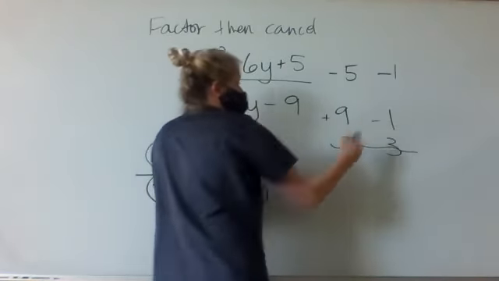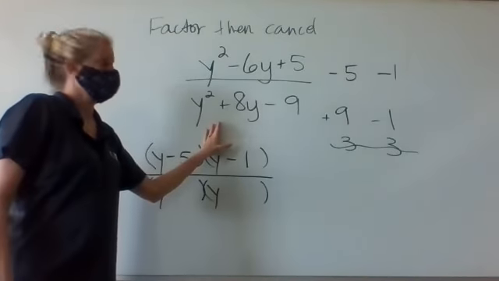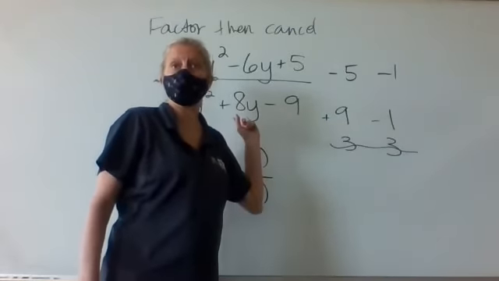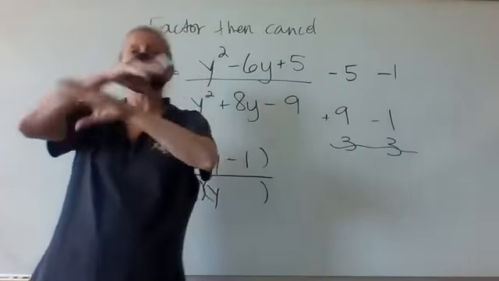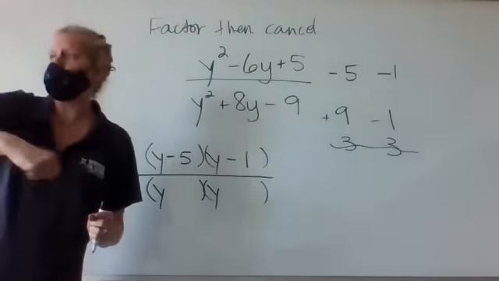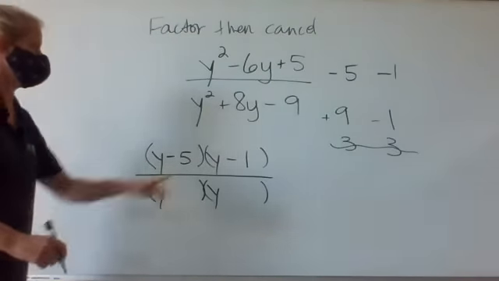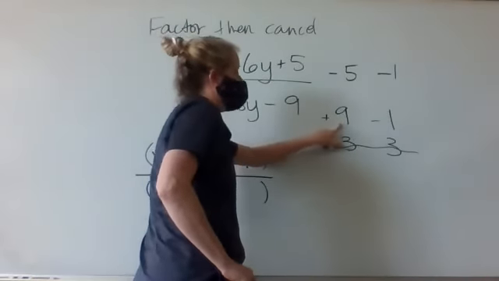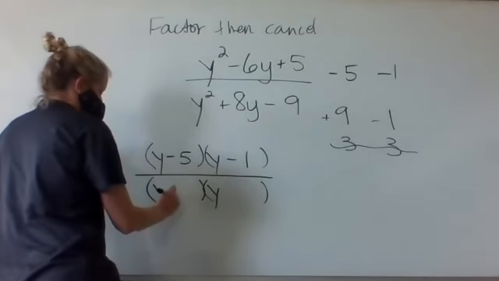If I do that and that, 9 minus 1 is going to give me 8. So if you need to, just try it both ways and see which one works. One way is going to give you negative 8, one way is going to give you positive 8. So just make sure you do the sign that gives you positive 8, which means I need a positive 9 and a negative 1.